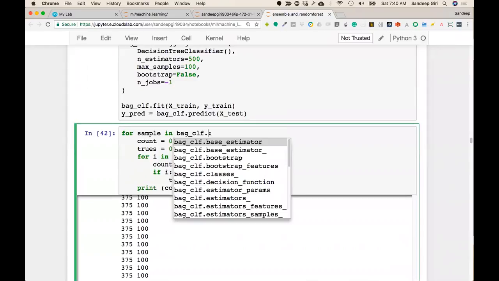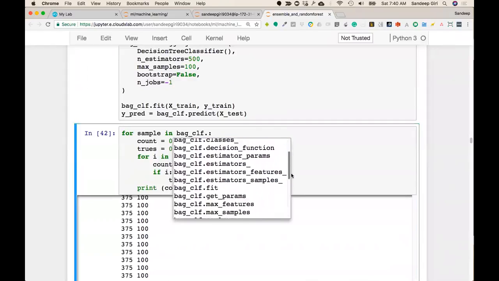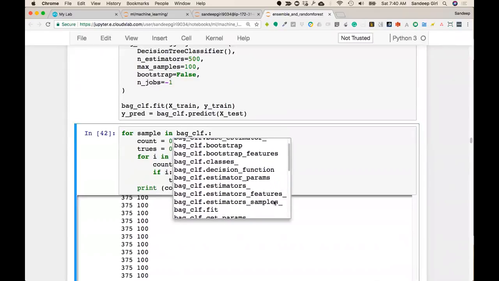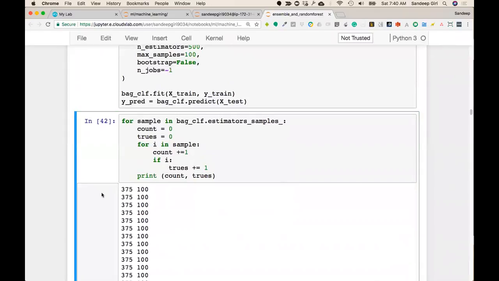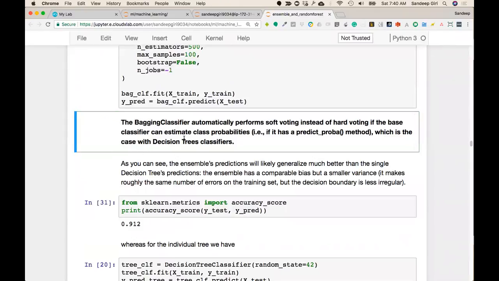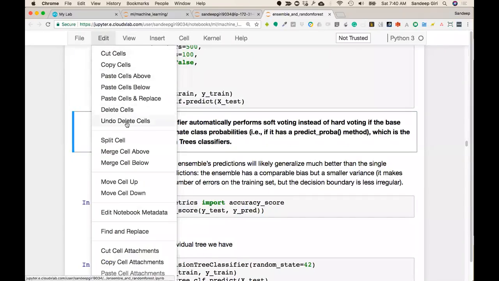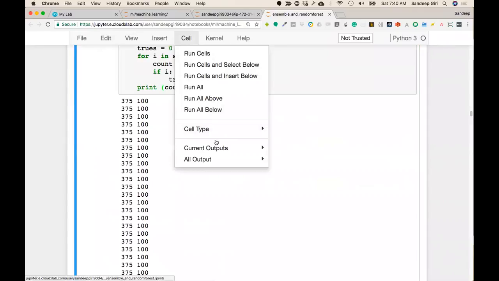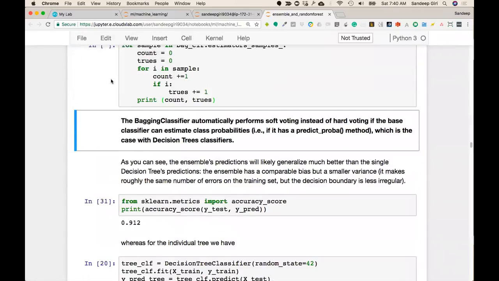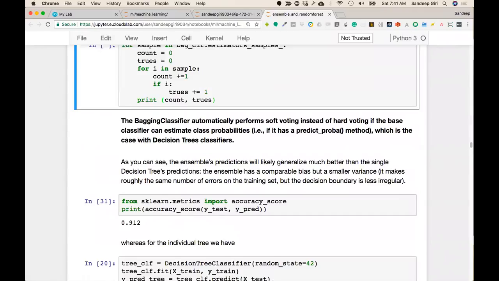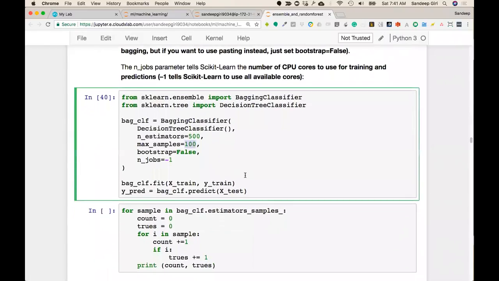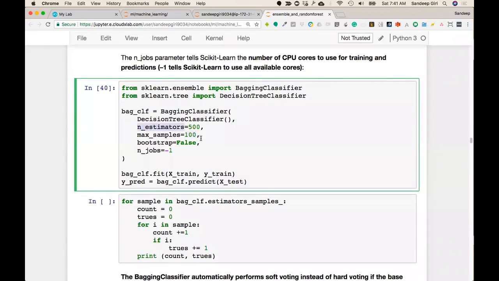Is there any other way? Never mind. How do I undo? Is it turning it off because the total number of instances are really low?